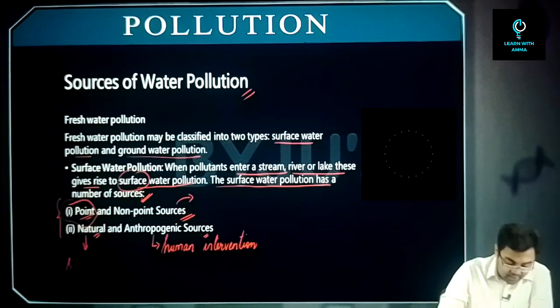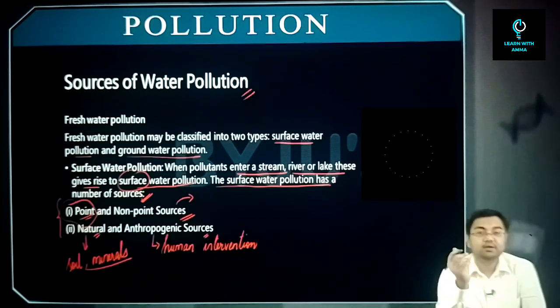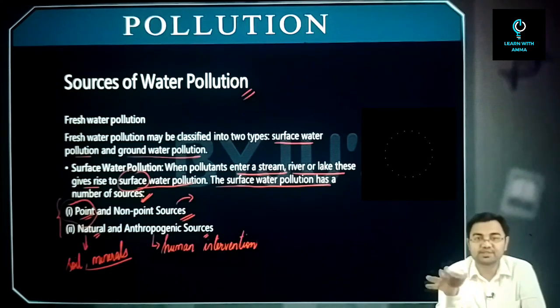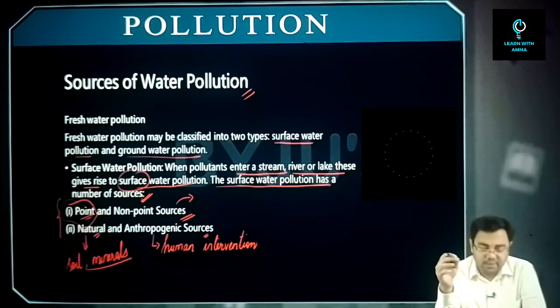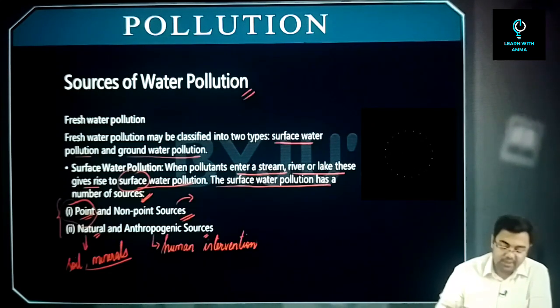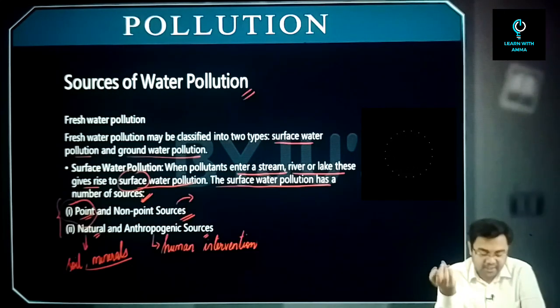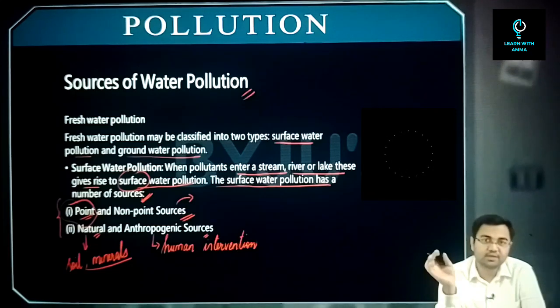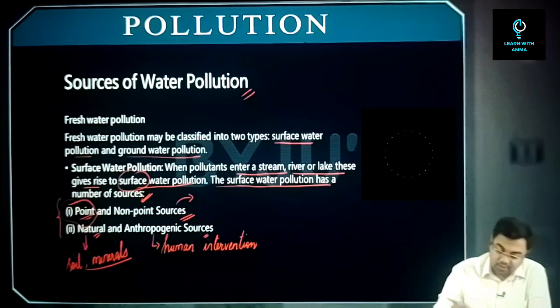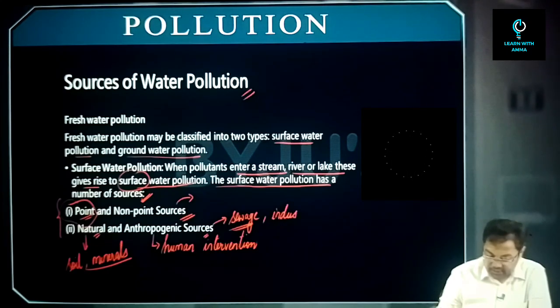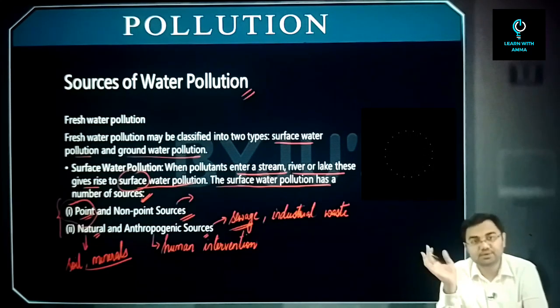Natural sources may include contaminated soil, minerals, etc., in and around a river body, stream, lake, etc. On the other hand, you have human intervention and human activities causing pollution, and that's why it has been termed anthropogenic sources. For example, sewage or industrial waste are anthropogenic sources.